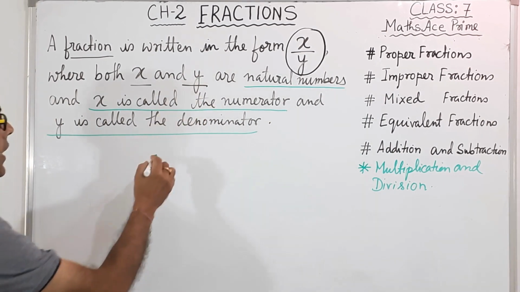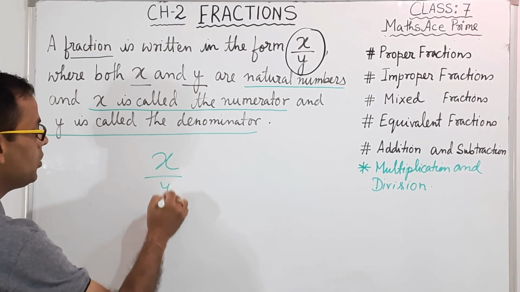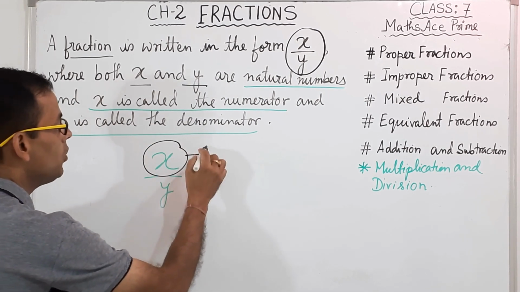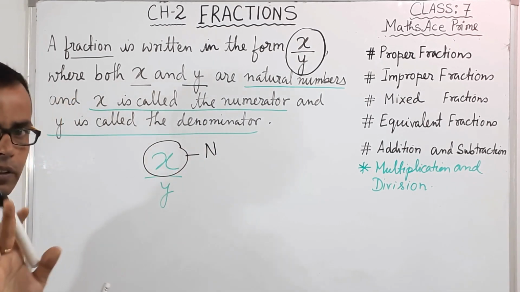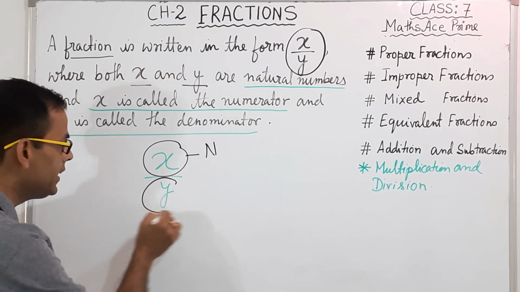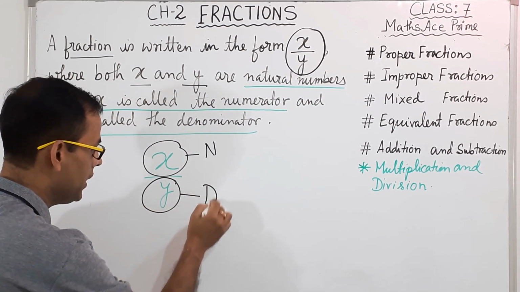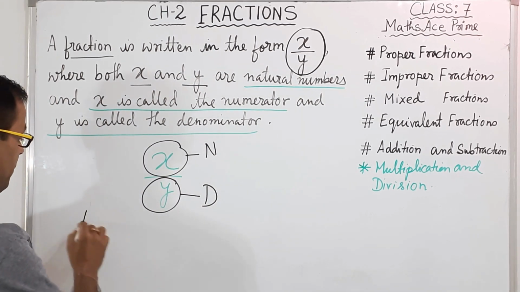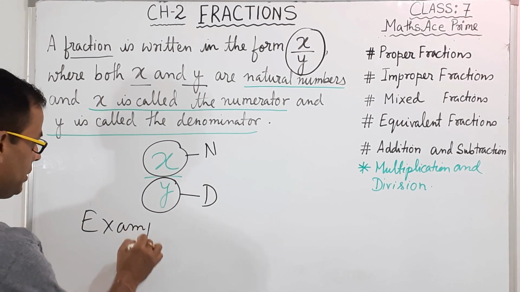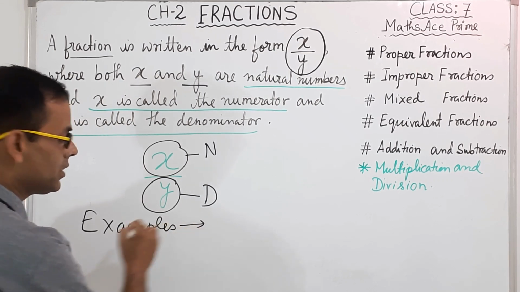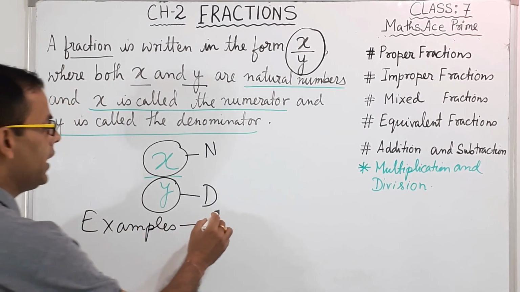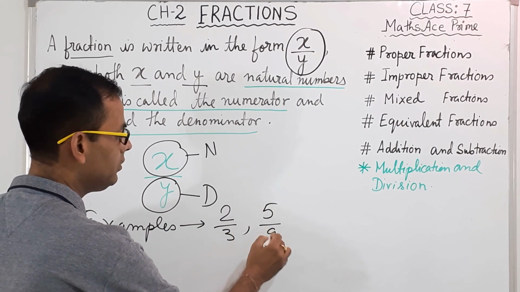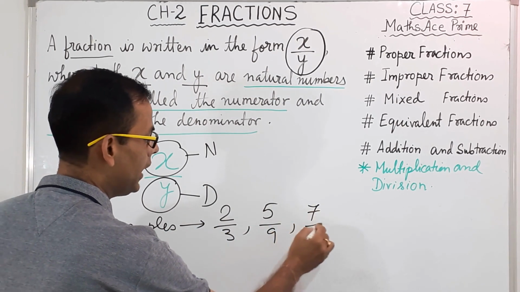That means here we wrote x by y. So here this x is called the numerator, in short n, and this y is known as the denominator. Clear? So now if I want to create some examples, we can create them: 2 by 3, 5 by 9, 7 by 2.